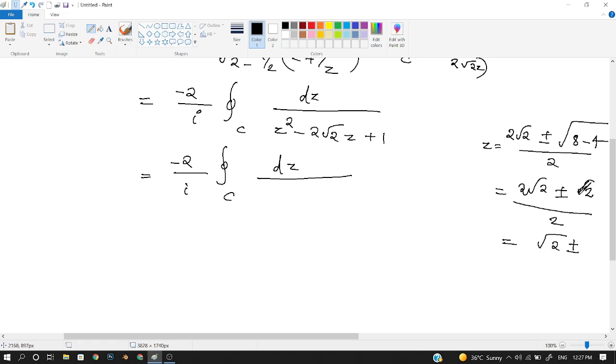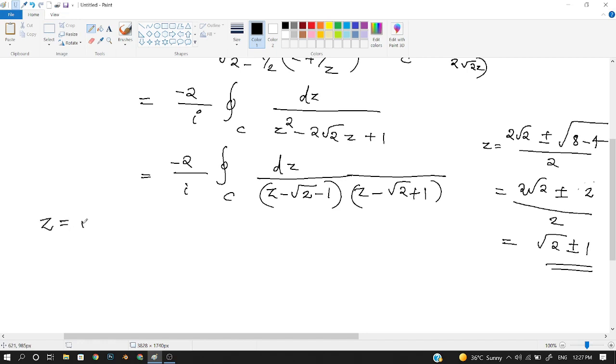So here we have root 2 plus or minus 1. So this is z minus root 2 minus 1 and z minus root 2 plus 1. We can split the terms like this.